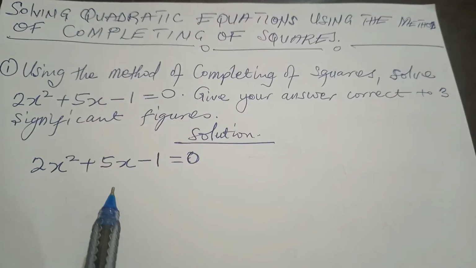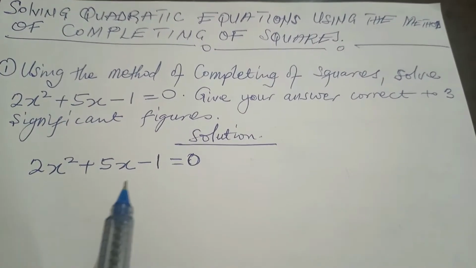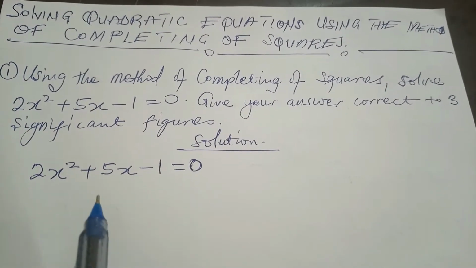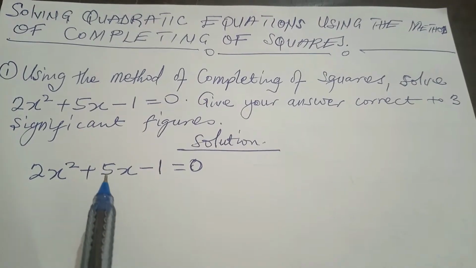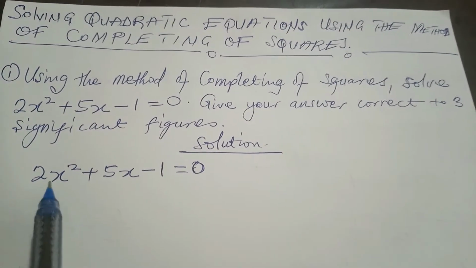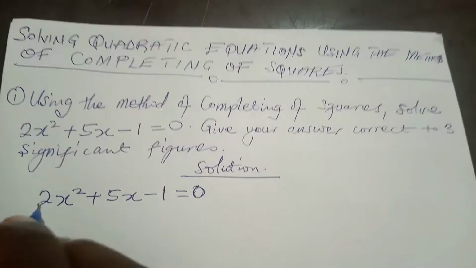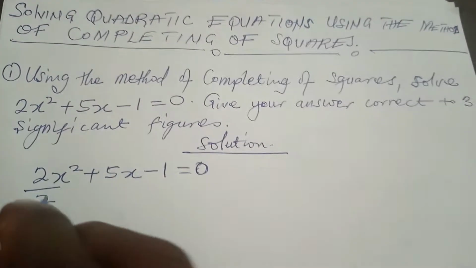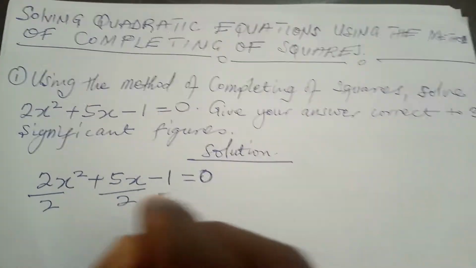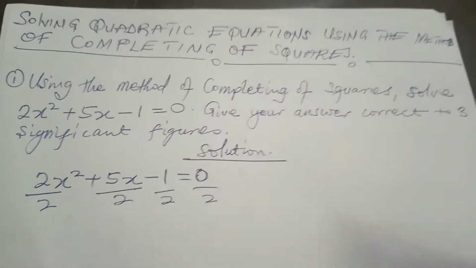Just as discussed in the video before this one, for us to be able to use the completing the square method, the first thing we need to do is to make this coefficient 1, and that is by dividing through by 2.